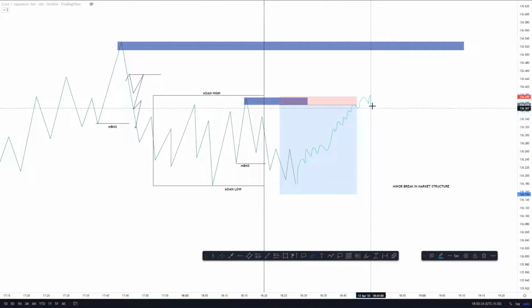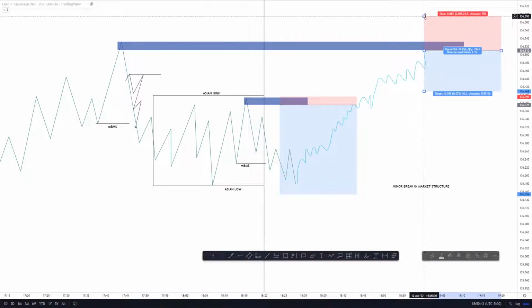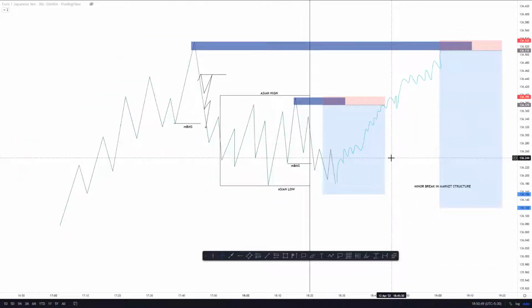Okay, so what you can do is you can look for sells around here, you can look for sells around here to target the Asian session low as well.